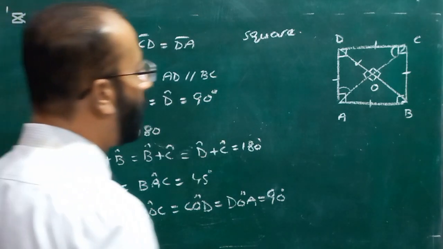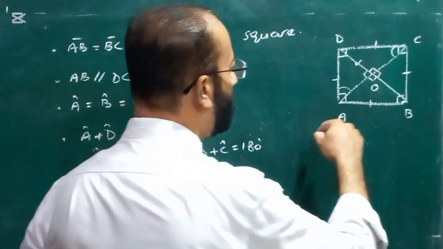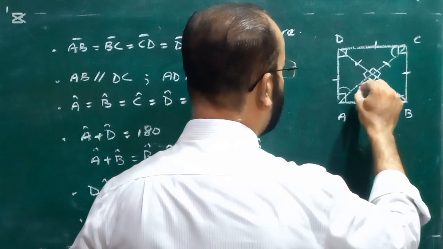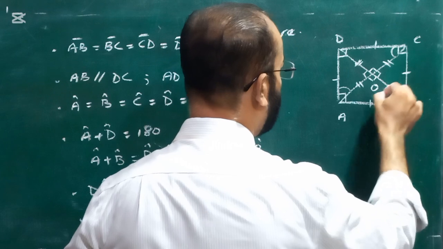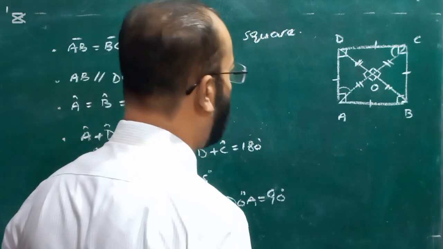Moreover, the diagonals bisect each other. So this side is equal to this and this is equal to this.